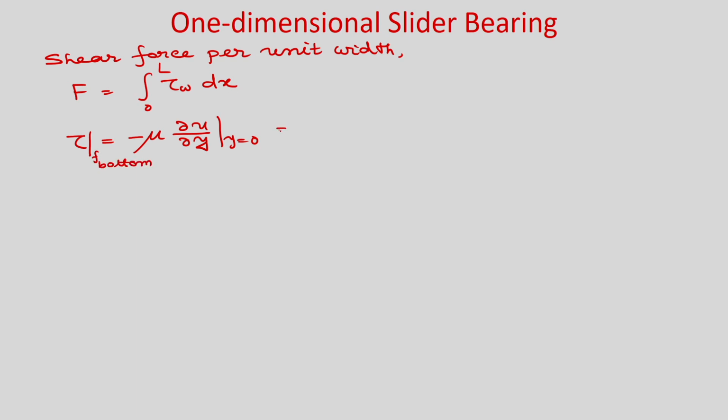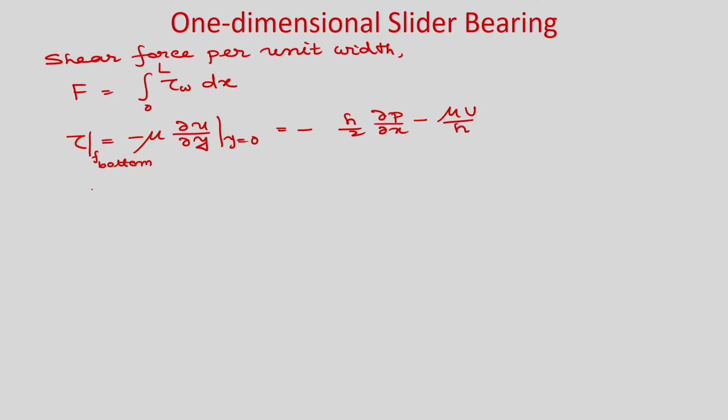So, if you see, we have the velocity distribution, from here we will get this as minus h by 2 del p by del x minus mu u by h.